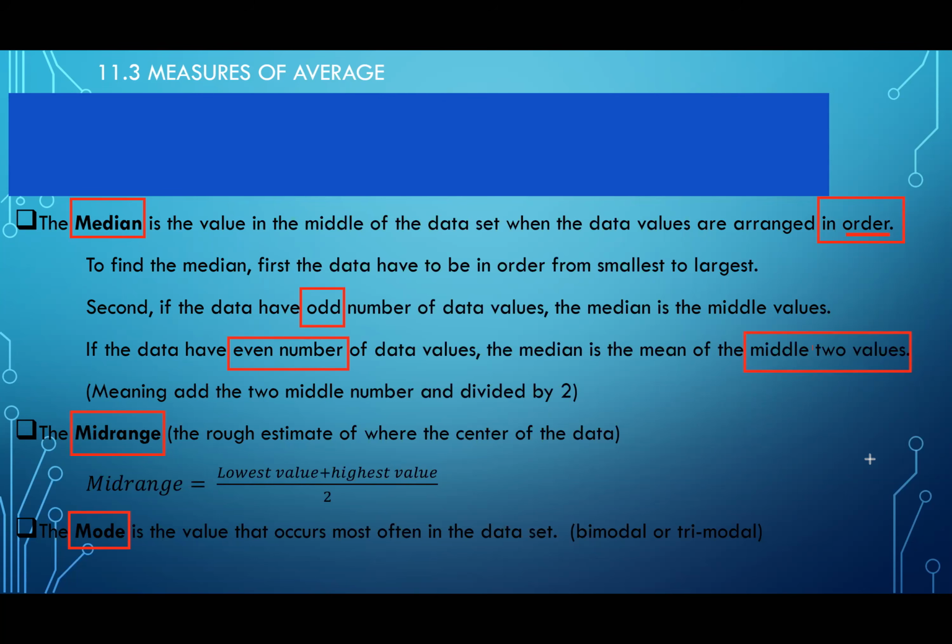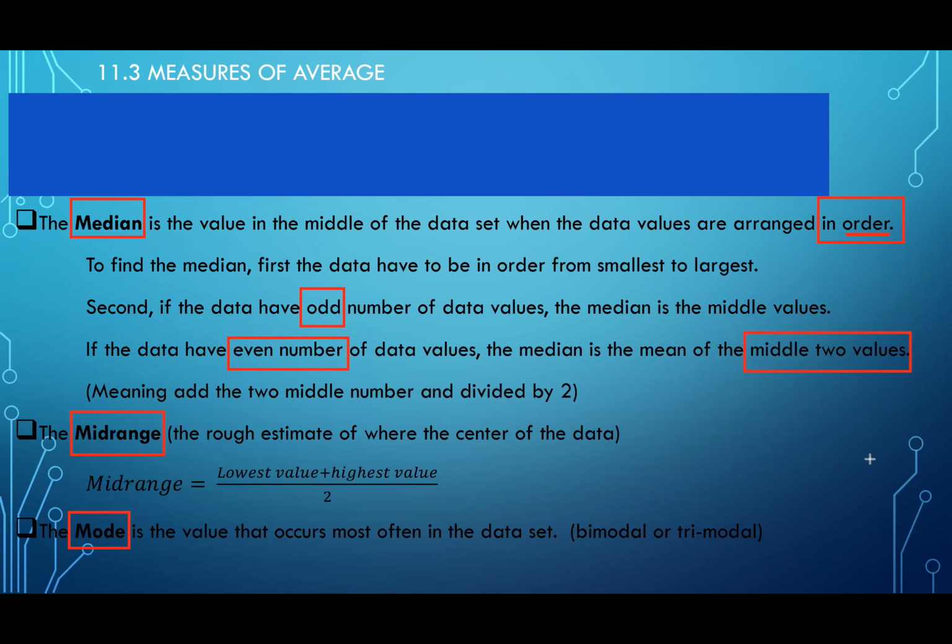What I need to do is take the 21 and 32 because I have 6 data. The middle 2 are 21 and 32. I need to take those 2 numbers, 21 plus 32, to give me 53, and divide that by 2, which gives me 26.5. So 26.5 will be my median.